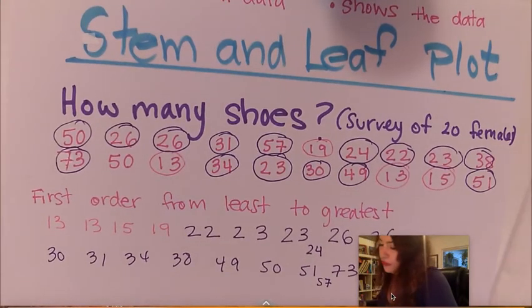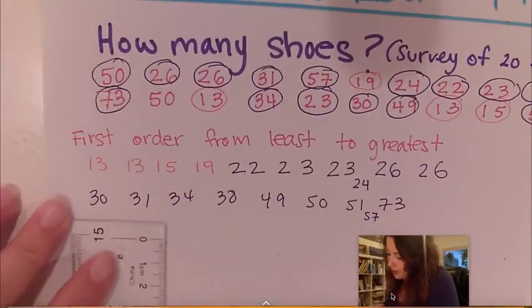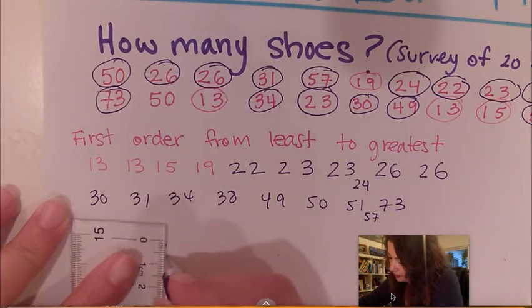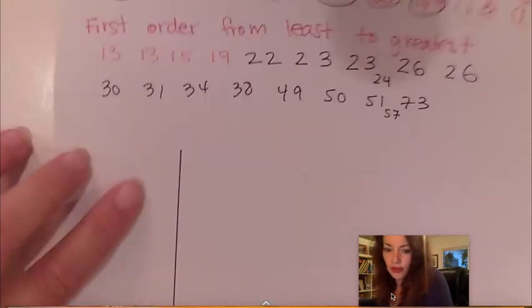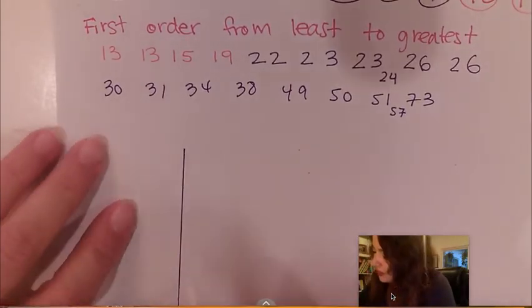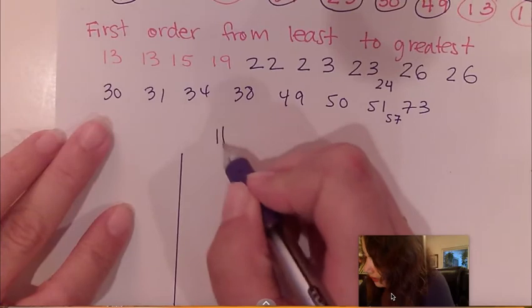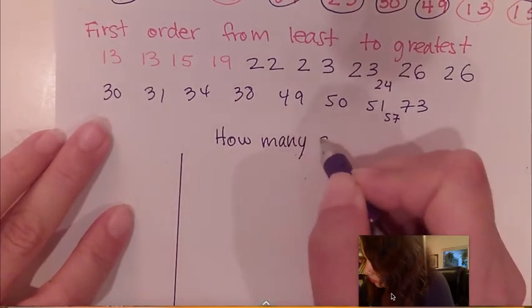Okay, so the first thing I'm going to do to create a stem and leaf is draw a bar, like a vertical line. And of course, I'm going to write a title for this graph. So I will just call it How Many Shoes?